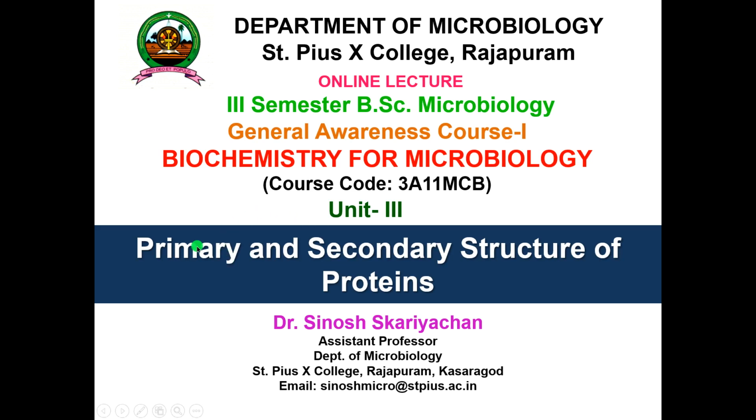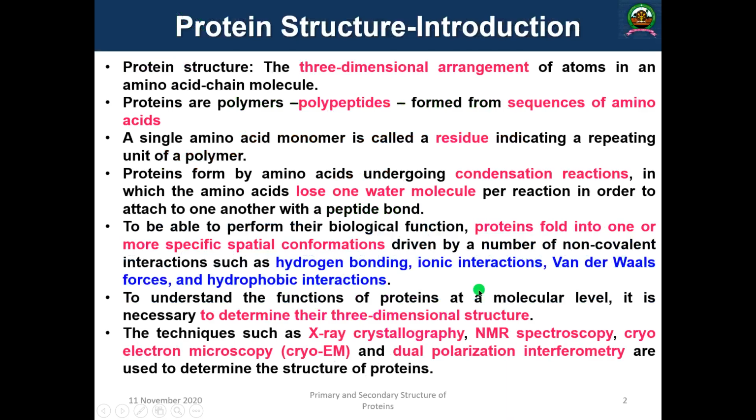In this particular class, we are going to discuss primary and secondary structures of the protein in detail. Please note that this is a very important aspect in biochemistry, and we are going to discuss the core structural biology aspects of primary and secondary structure of proteins.